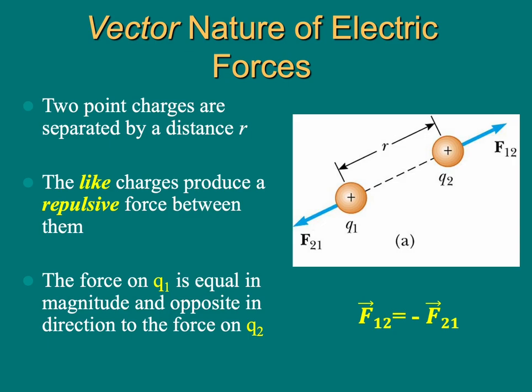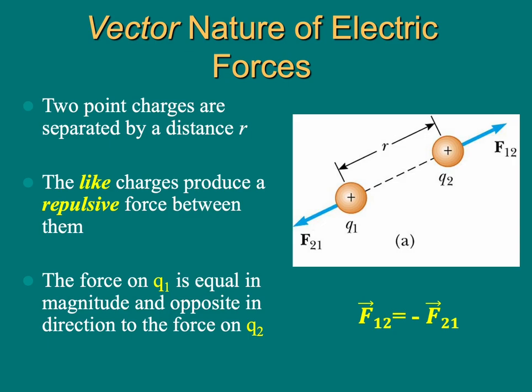Coulomb's law, as we represented it in the equation, is written in magnitude form, so we don't write direction in the equation. In principle we could, but it just makes it a little bit more confusing, so let's keep it simple. The magnitude is given by k Q1 Q2 divided by r squared.